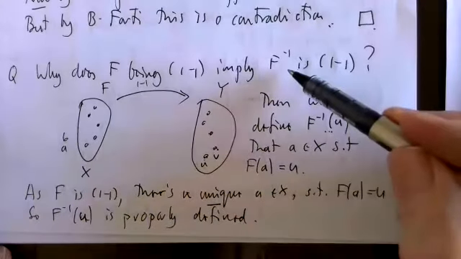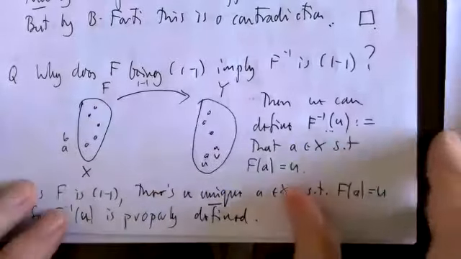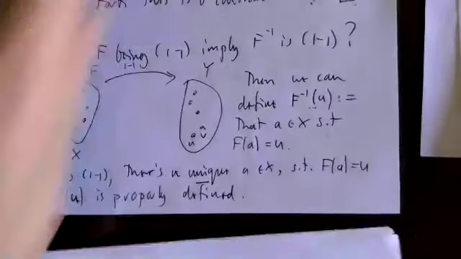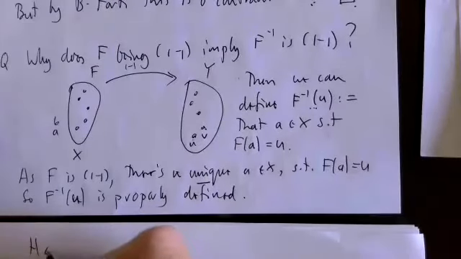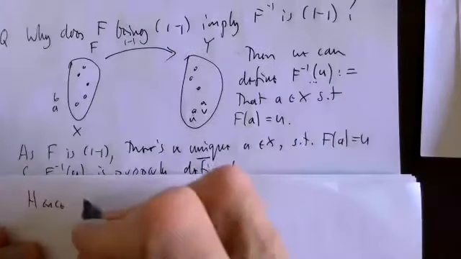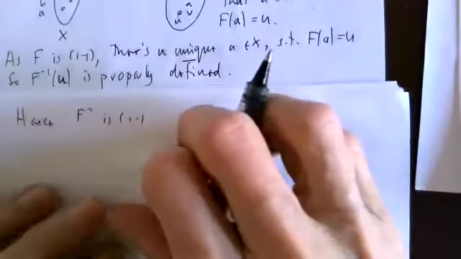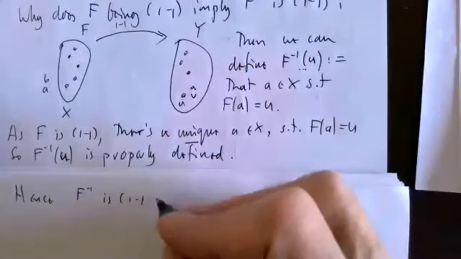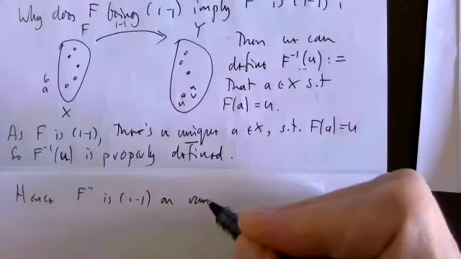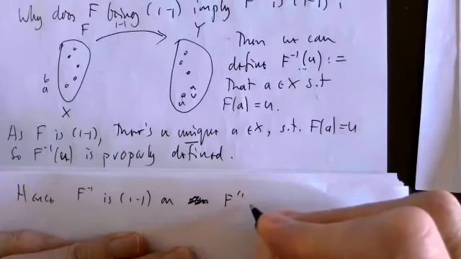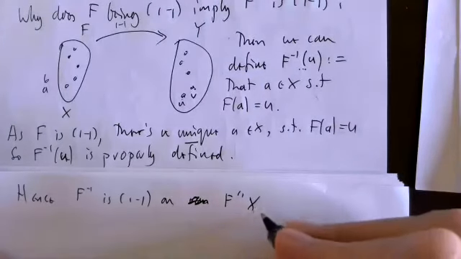And that's why f to the minus 1 is 1 to 1 on the range of f on x.